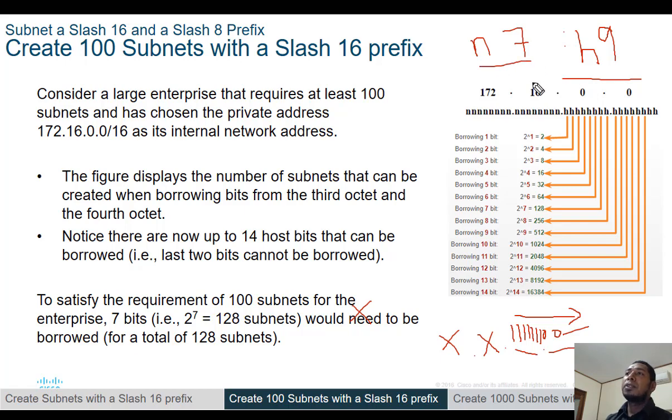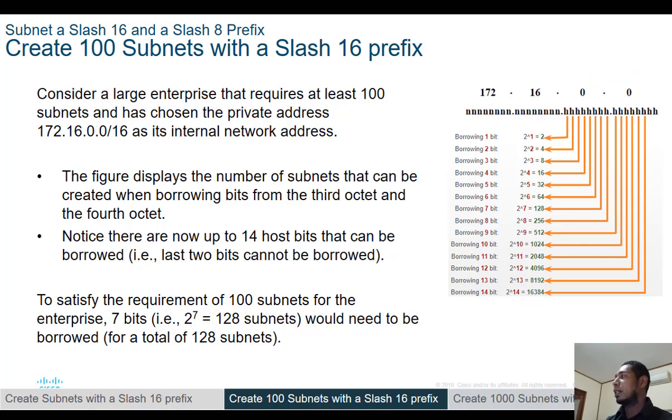So this should give you the total number of subnets. 2 raised to the power 9 minus 2 should give you the total number of hosts in each of those subnets available. 2 raised to the power 7 will give you 128. So in each of those 128 subnets, we should have 2 raised to the power 9 minus 2 hosts within each of them. Okay, I believe this is all, you getting a hang of this by now.